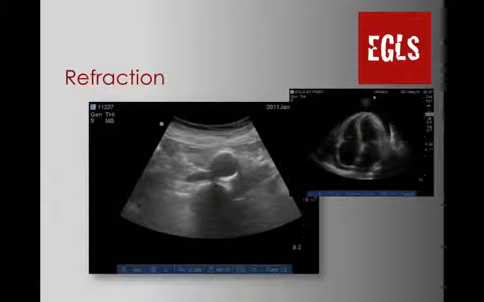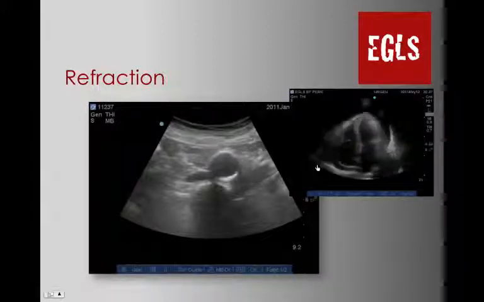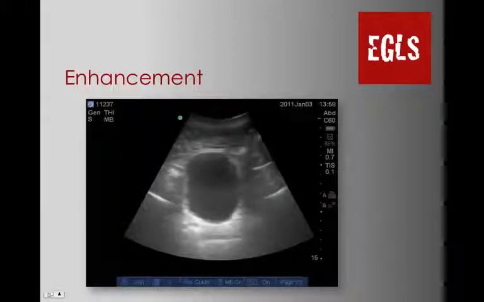And here we have, once again, refraction seen in this apical 4-chamber view right here, where we can also appreciate a pericardial effusion. This is the bladder. We're in the pelvis, so bladder right here. And in the posterior part, in the far field of the bladder, we see it's brighter, it's whiter.